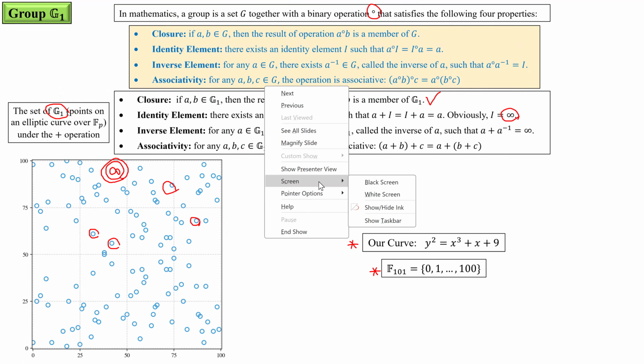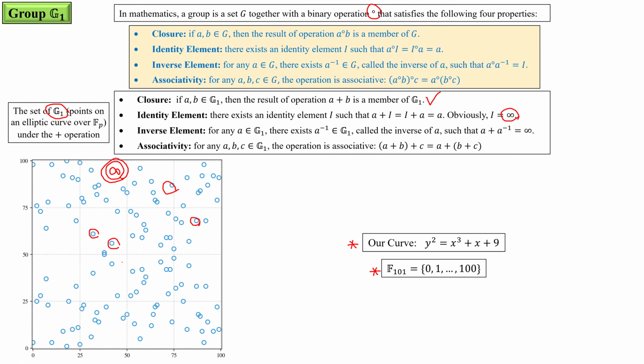If I draw a line here at almost 50, you see that each element in this group has a reflection over this line. For this one we have this reflection, for this one we have this reflection, and for this one we have this reflection.